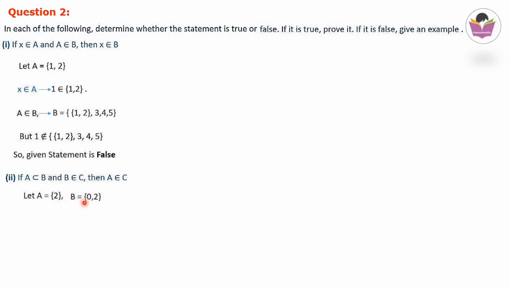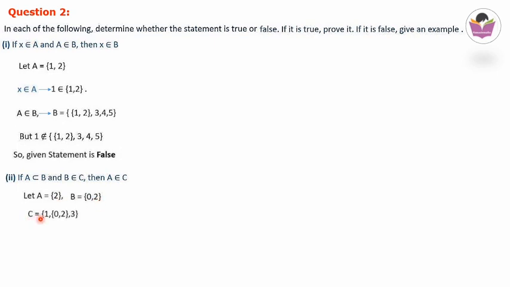Then B I am taking set of 0, 2, because A is a subset of B. Every element of A should be an element of B. That is the way we have to take the sets A and B. You can take any example, it's not a problem. While taking examples, you must be well aware of the given conditions, that is A is a subset of B. A is a subset of B means every element of A should be there in B. So 2 is there in B. So A is a subset of B.